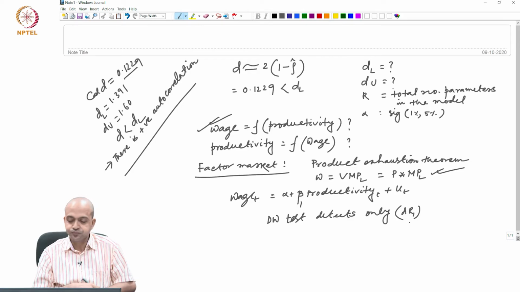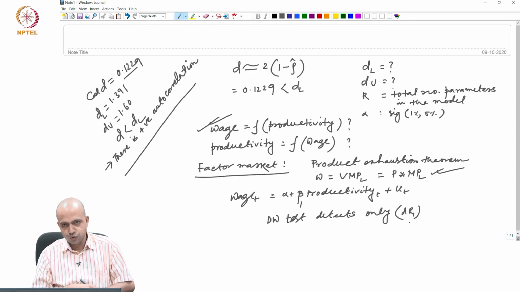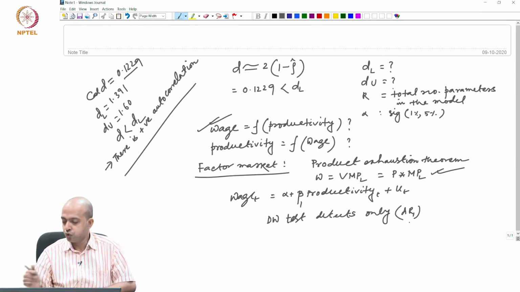So to check for higher order autocorrelation, we need to go for another improved test of autocorrelation, which was suggested by Breusch and Godfrey.